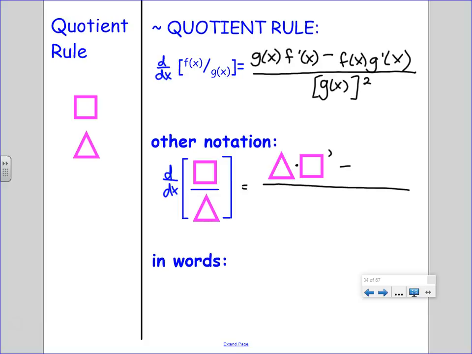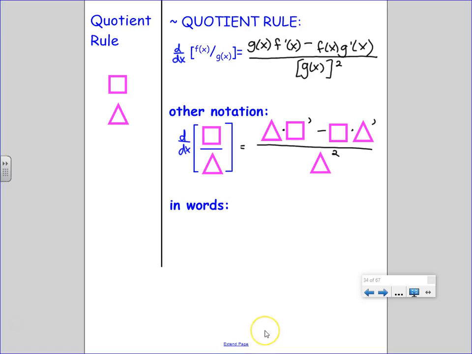Bottom stays the same, d top, the derivative of the top, minus top d bottom, all over bottom squared. Bottom d top minus top d bottom all over bottom squared.